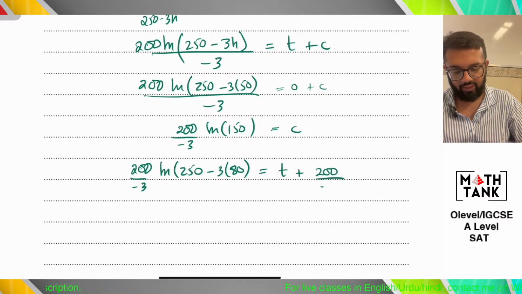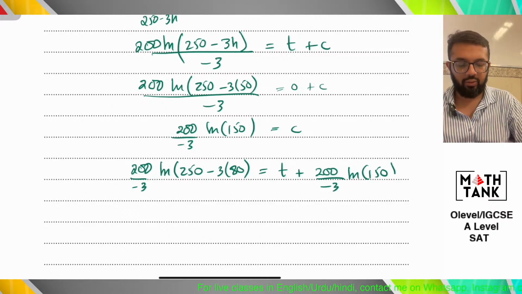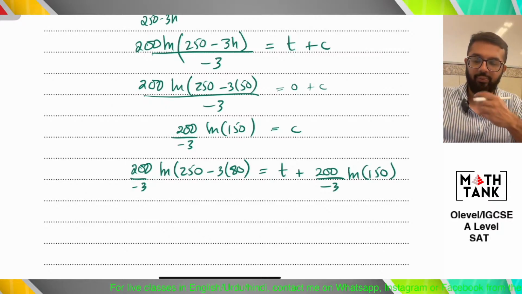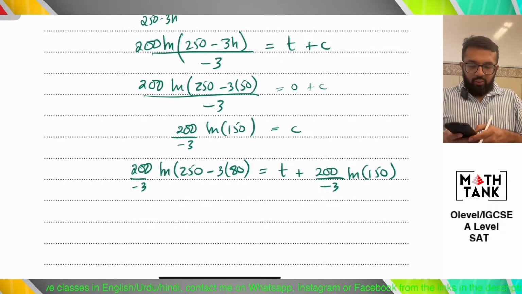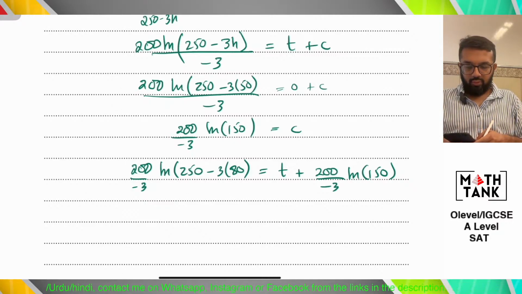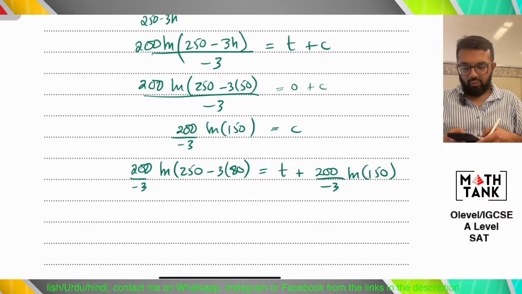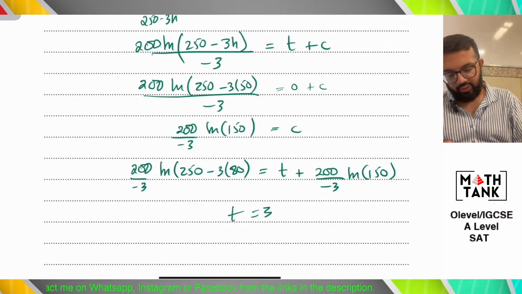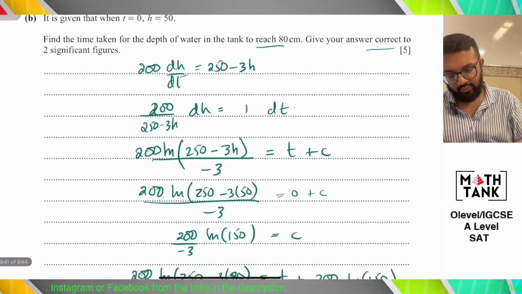So 200 over minus 3 ln 1. It's just about solving this on your calculator. It's coming out as 336. So 340.